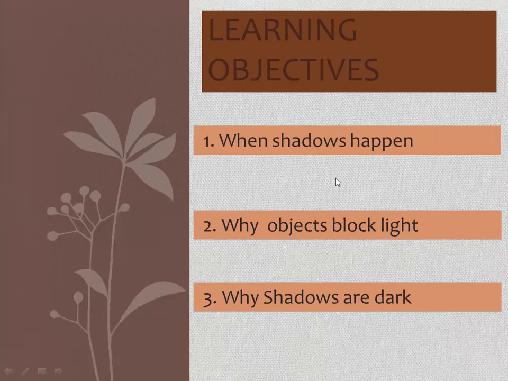When some object blocks light, it makes a shadow. Sometimes the shadows are small and sometimes the shadows are long. Why are shadows dark? Shadows are dark because the light is little. There is not much light.